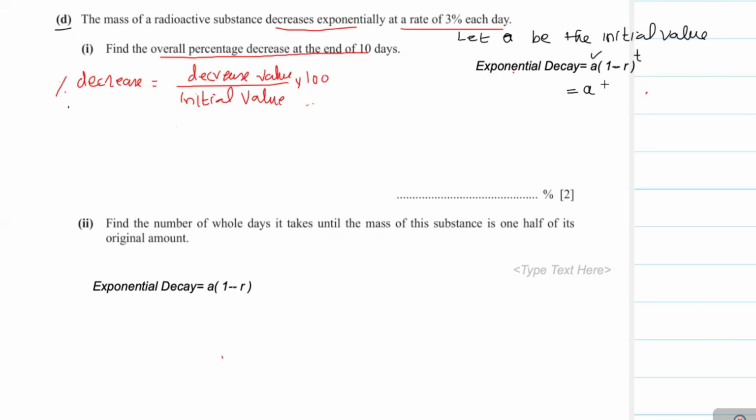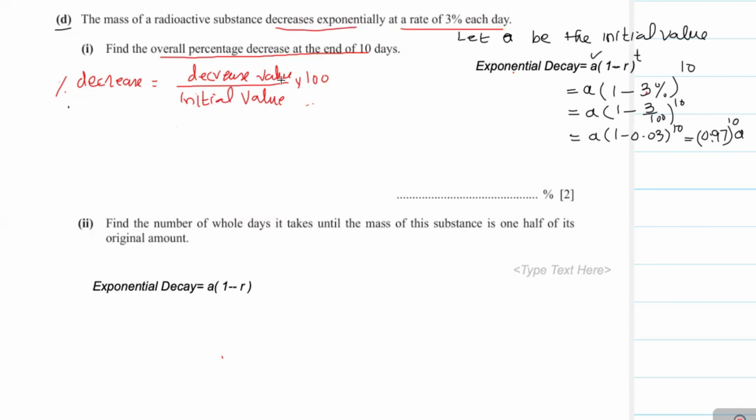Now we put the value: a is the initial value as it is, 1 is written as it is, r is the rate, which is 3%, and the time is 10 days. Now we calculate it: a into 1 minus 3 over 100 power 10, and this will be equal to a into 1 minus 0.03 power 10, and this will be equal to 0.97 power 10 into a.